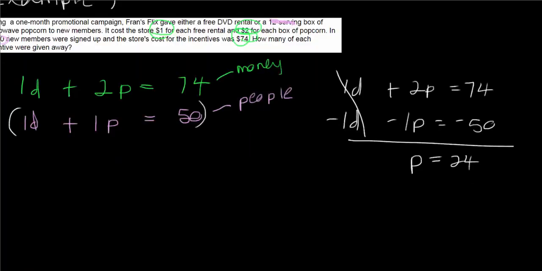Now all I have to do to find D is plug it back into one of them. I'll plug it back into the bottom one: 1D plus 1P equals 50.